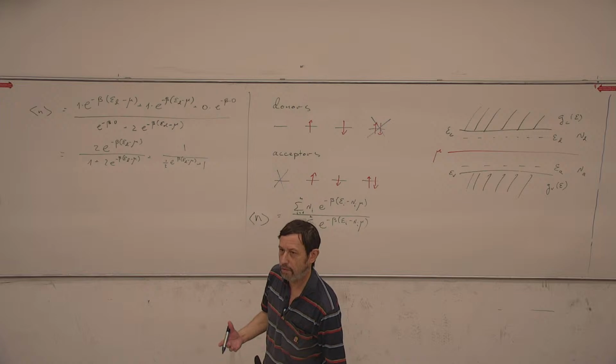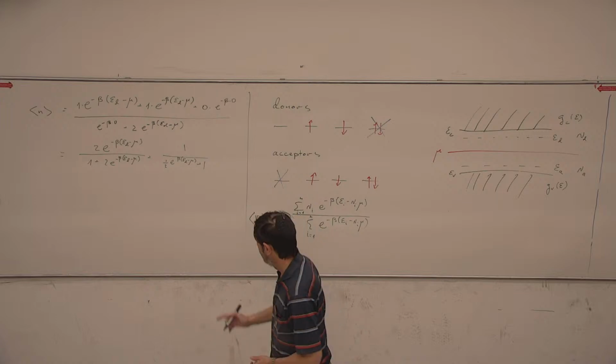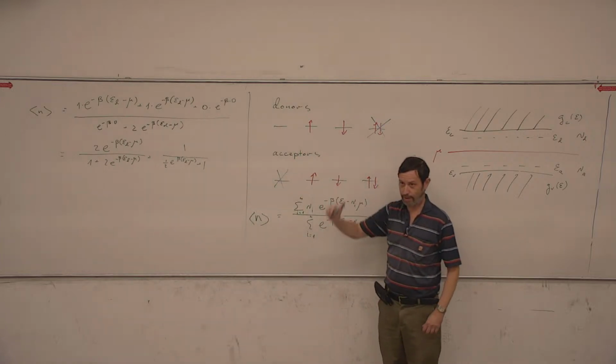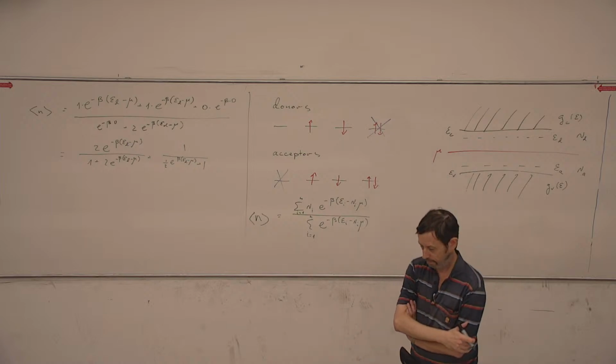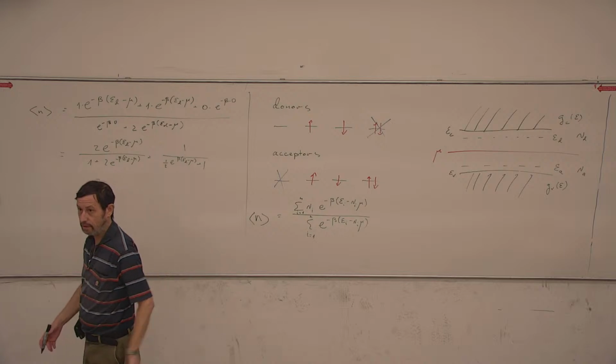Very similar to the usual fermionic behavior, up to this half, which comes from the fact that I have 2 states here for up and down. Okay, I can write down the same thing.